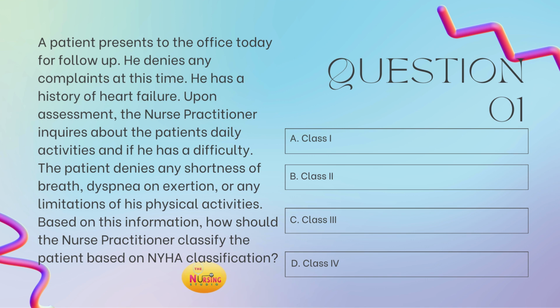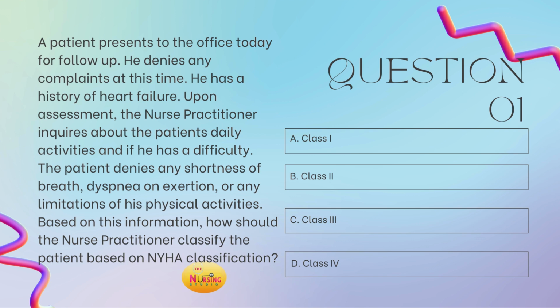There are four NYHA classifications for heart failure, and it's based on the patient's limitations to physical activity and any shortness of breath that will categorize them in those four different classifications. Here he has the history of heart failure, but he's denying any of those issues. He denies any limitations with physical activity, any shortness of breath, or dyspnea on exertion. So here the answer is A, class 1.